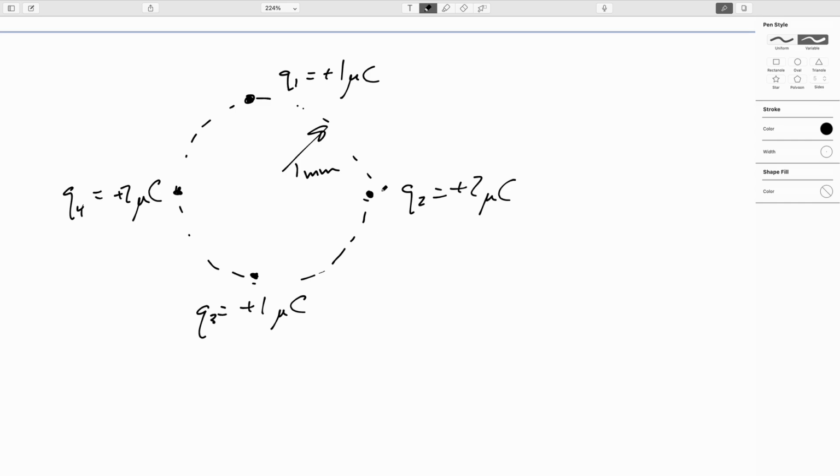So the idea is we need to add up the potential energies from all of our possible pairs. U here would be equal to, well, one of our pairs would be 1 and 2. Then we would have 1 and 3 and 1 and 4.